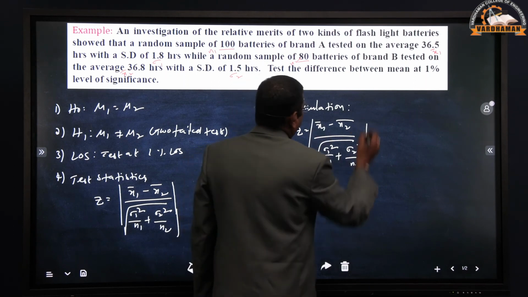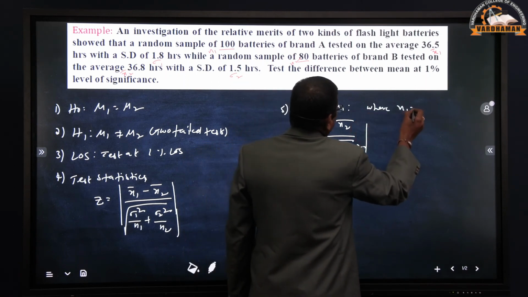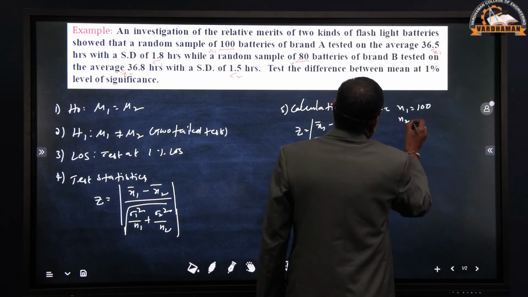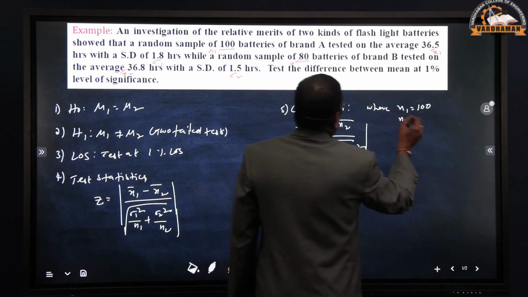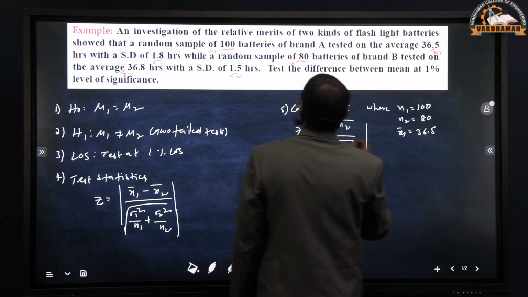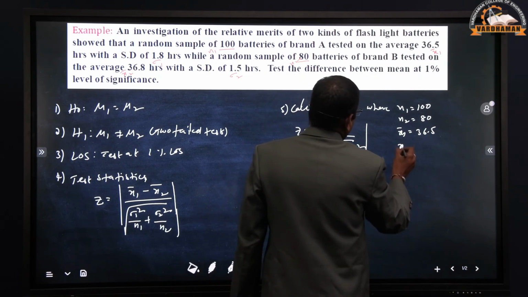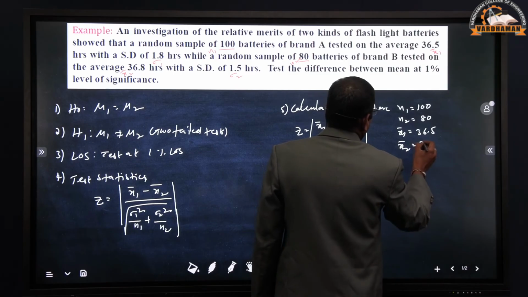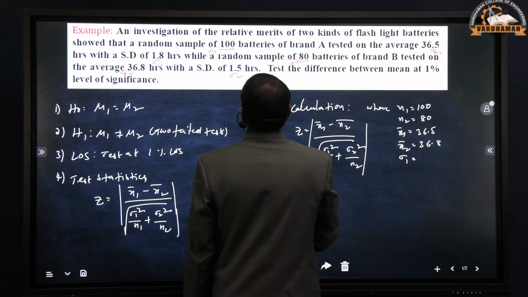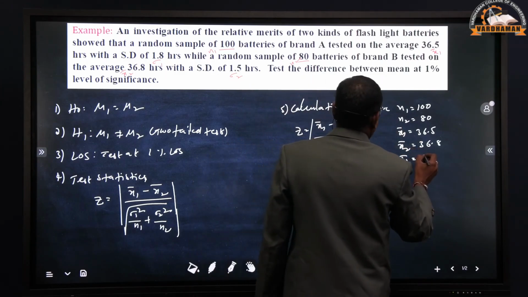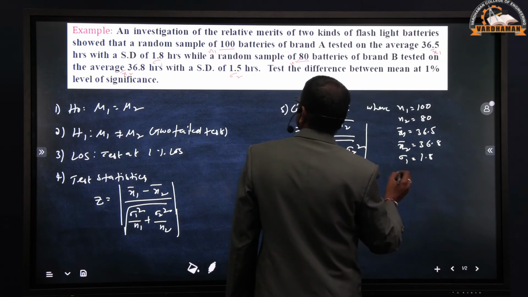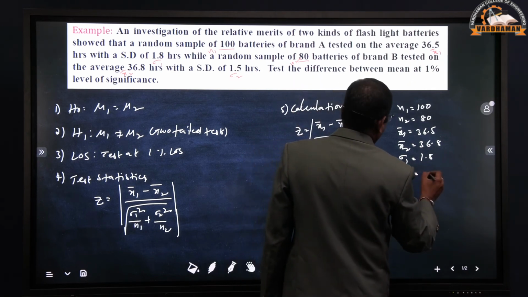In this, where n1 is equal to, as mentioned above, 100 and n2 is equal to 80, x1 bar is equal to 36.5 and x2 bar is equal to 36.8, sigma 1 is equal to 1.8 and sigma 2 is equal to 1.5.